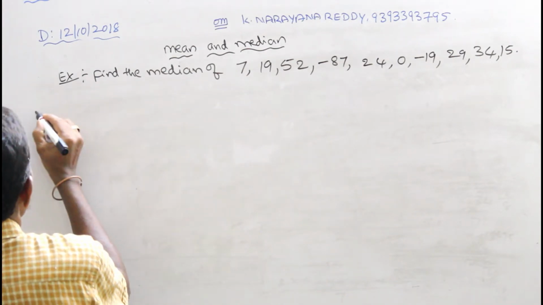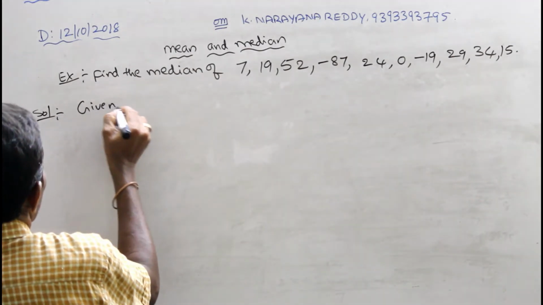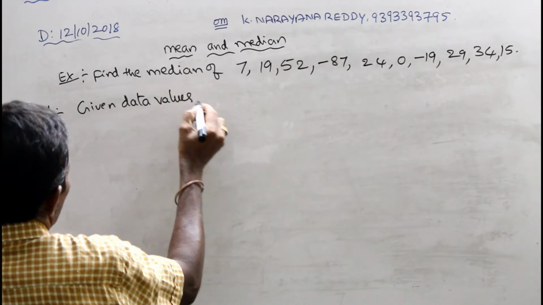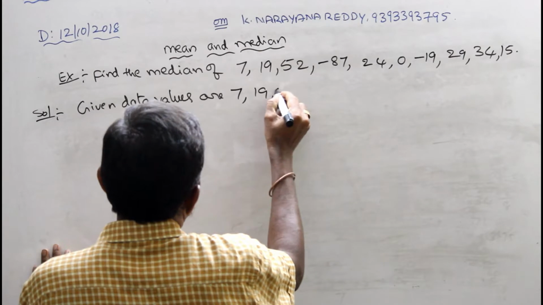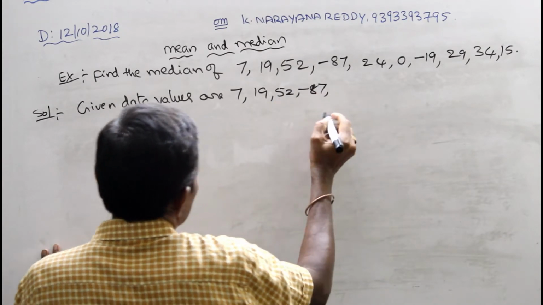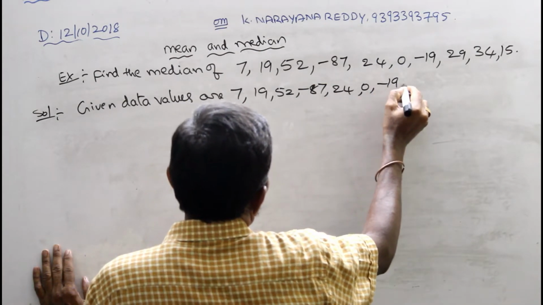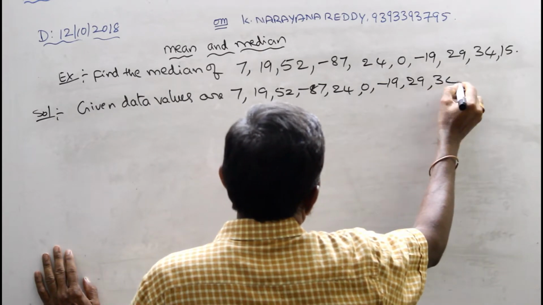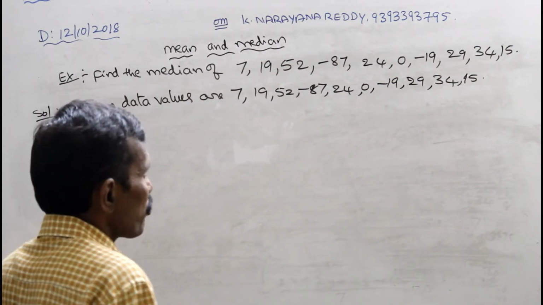Solution. The given data values are 7, 19, 52, 87, minus 87, 24, 0, minus 19, 29, 34, 15. Okay.